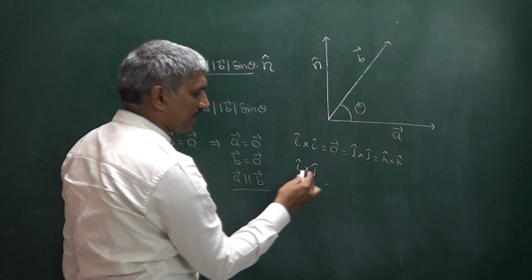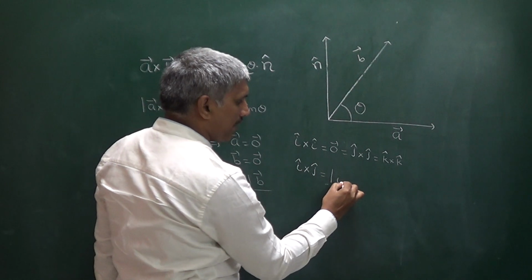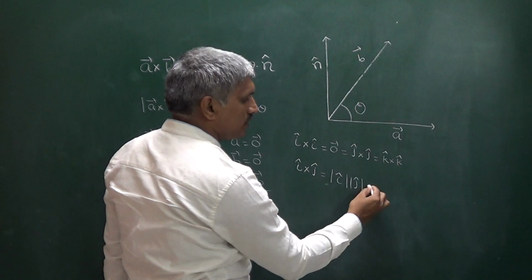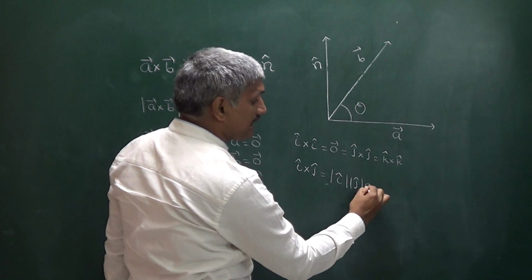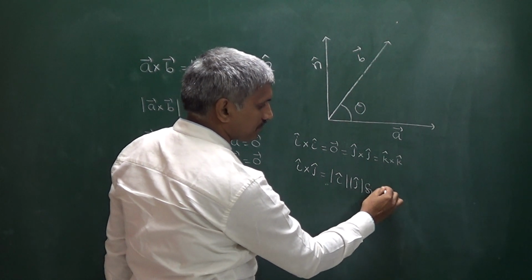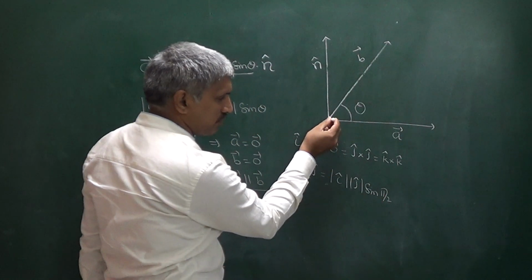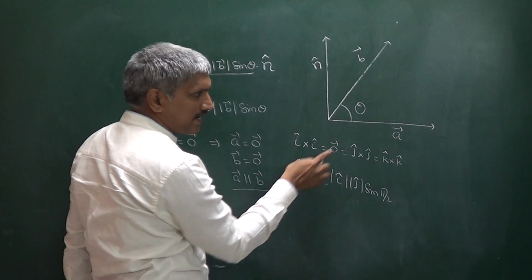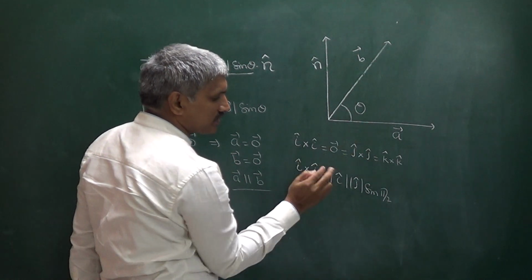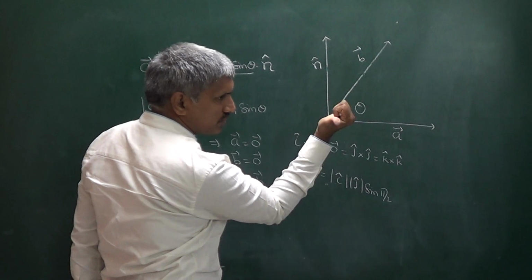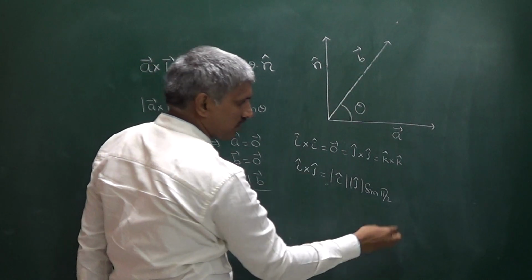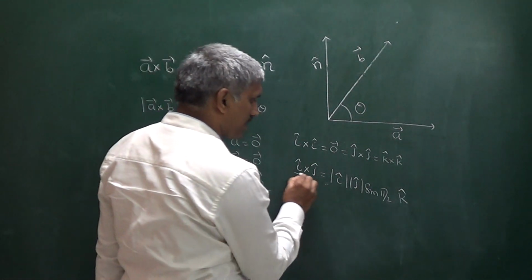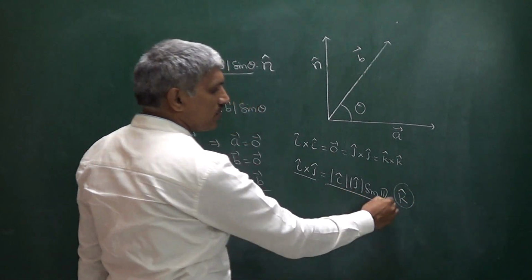According to this we can write I cross J is equal to magnitude of I into magnitude of J into sine 90 degrees into a unit vector, because this is along the x axis, this is along the y axis, the angle between the x axis and y axis is 90 degrees, and this is the direction of the z axis. That's why along the z axis the unit vector is k cap. That's why I cross J is equal to k.